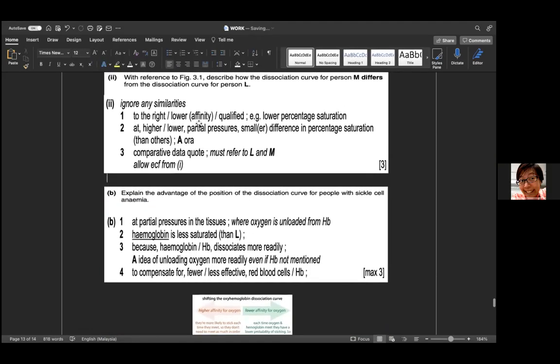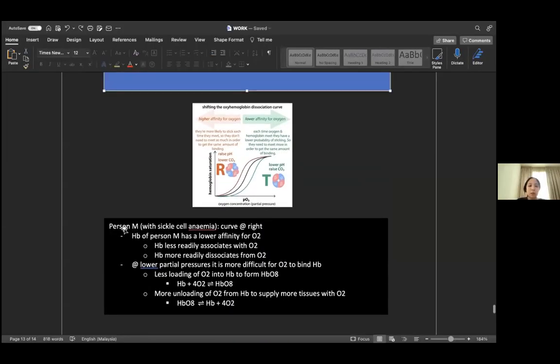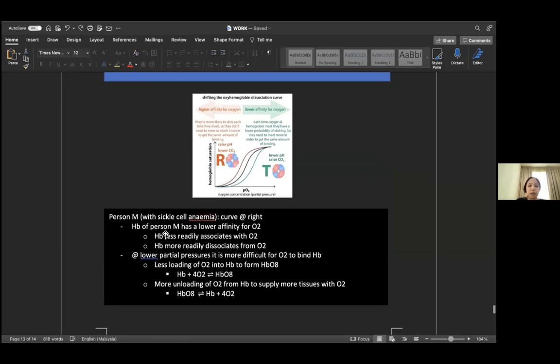Explain the, oh my God, sickle cell anemia. So person M with sickle cell anemia has a curve which is more towards the right, as shown as the green one. Hemoglobin of person M has a lower affinity for oxygen. You can think of L, as teacher mentioned before, as oxygen loving. Left-hand side is oxygen loving, right-hand side does not love oxygen. So HB, which is hemoglobin, less readily associates with oxygen.